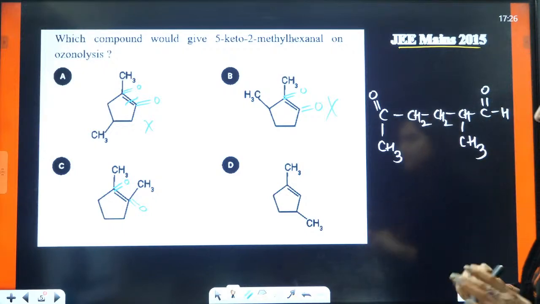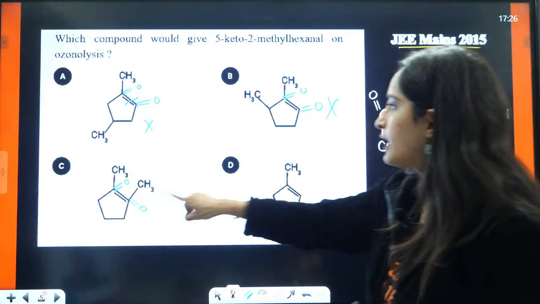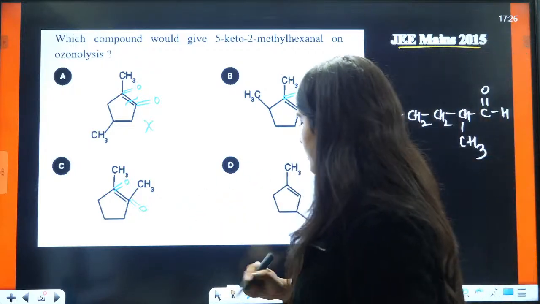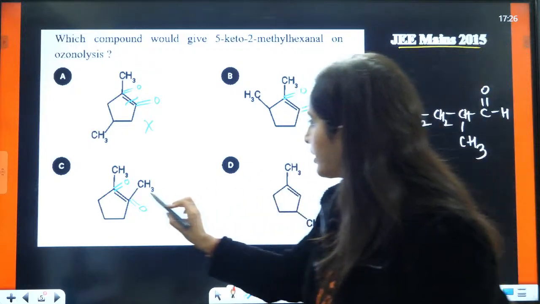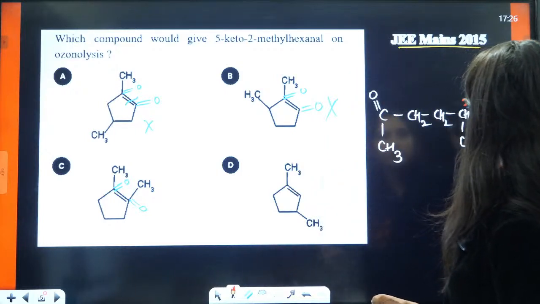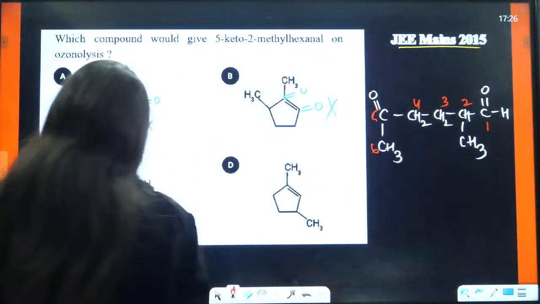Now CH3, C double bond, then you have CH2, then again CH2. If this is my first, this is 1, 2, 3, 4, 5, 6, and here I am making the aldehyde as this one.